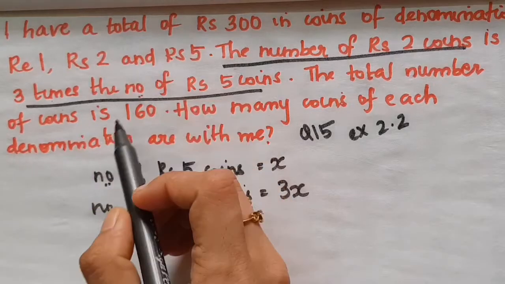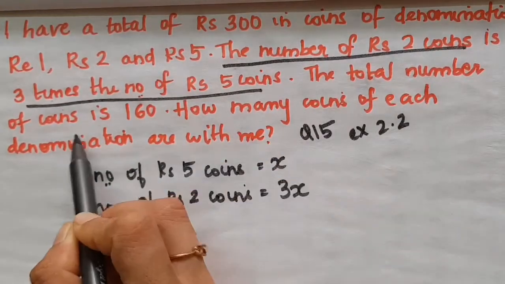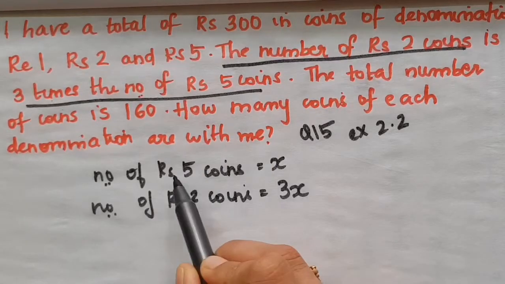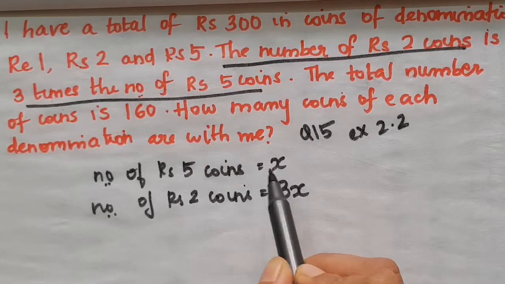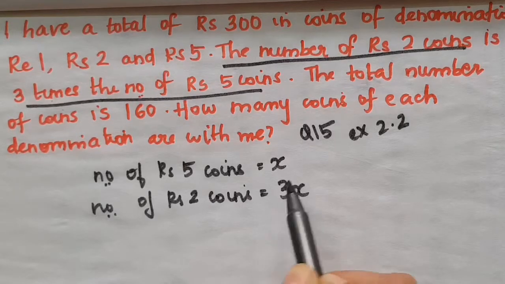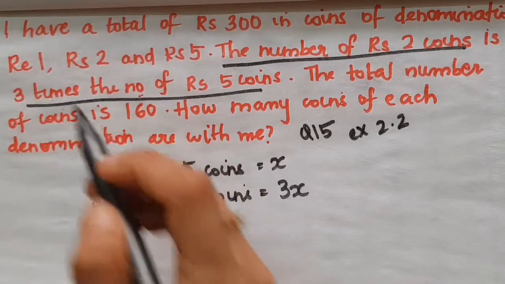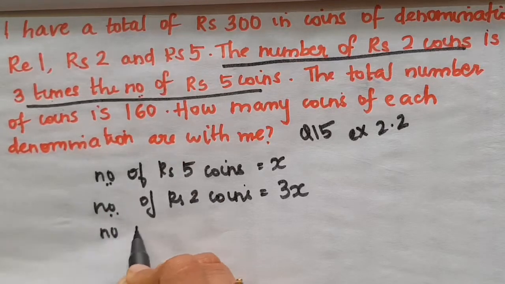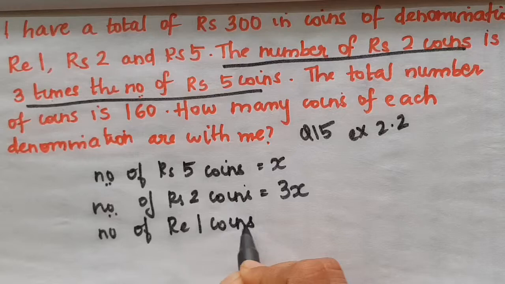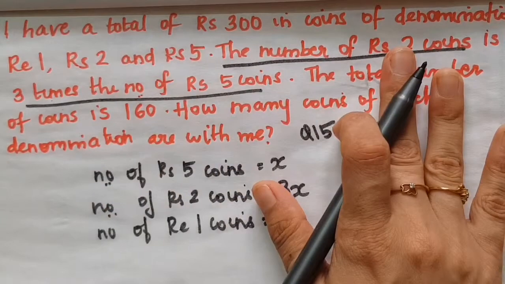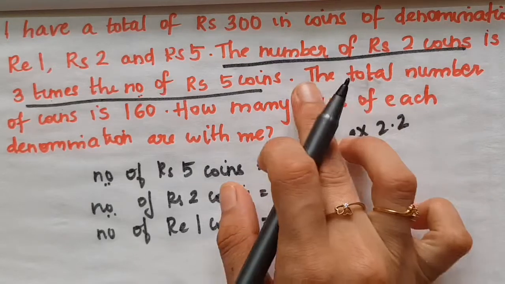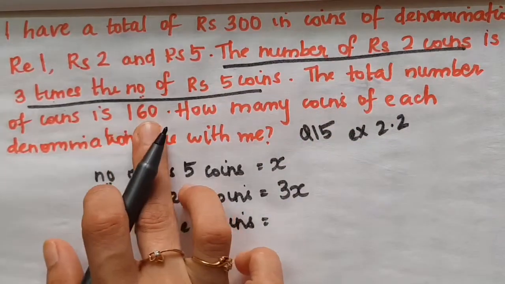Now it is said that the total number of coins is 160. So we know the number of rupees 5 coins is x, and the number of rupees 2 coins is 3x. But we still have one more denomination left, that is the number of rupee 1 coins. No information is given about that. So we have another piece of information, that the total number of coins is 160.